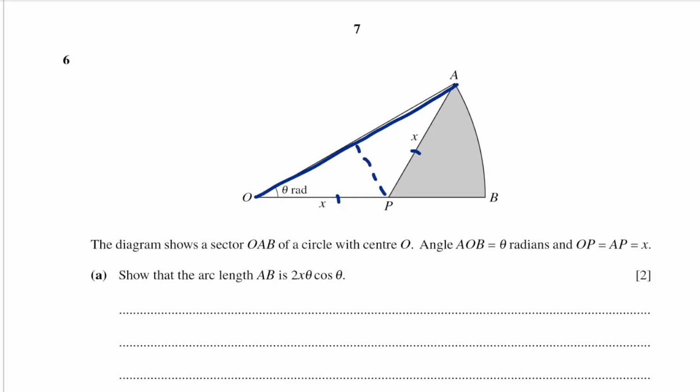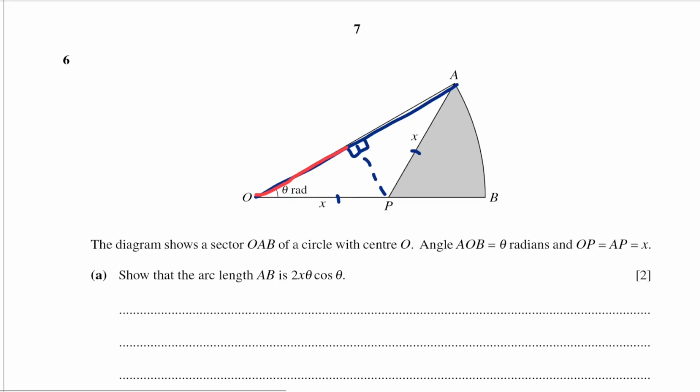So if we divide it through the center here, we get two right angle triangles. So half the length of OA will be this side over here. Half of OA will equal the adjacent side of this right angle triangle we have over here.